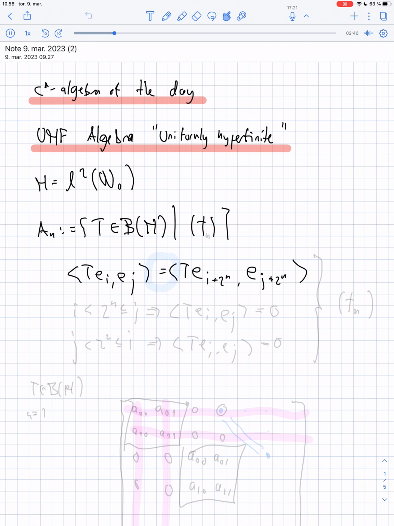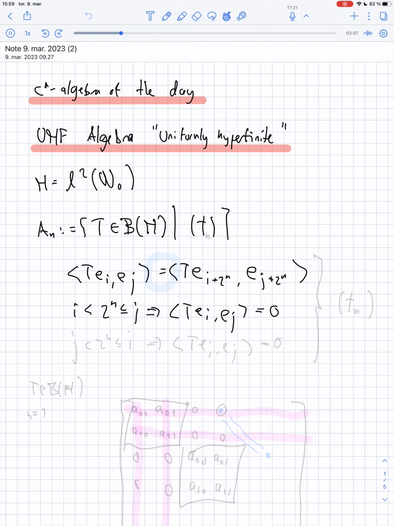This is for all i and j in n0. And if i is strictly less than 2^n and j is weakly bigger than this, then I require that <T e_i, e_j> is 0.